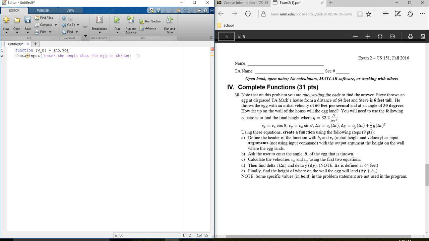Calculate the velocities Vx and Vy using the first 2 equations. Okay. So Vx is equal to V naught times the cosine of theta.